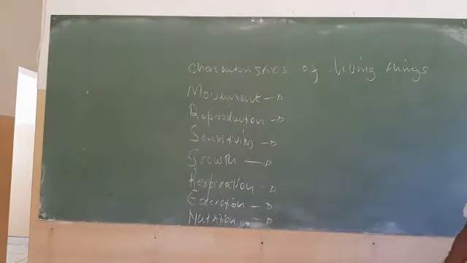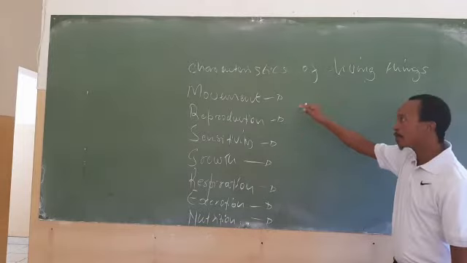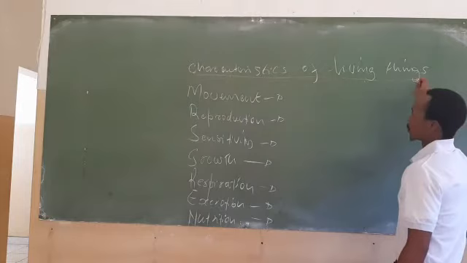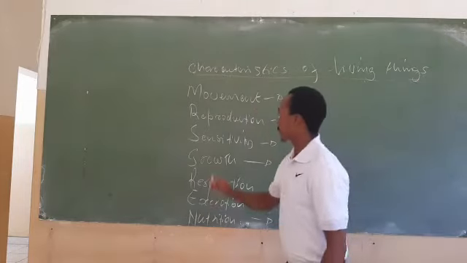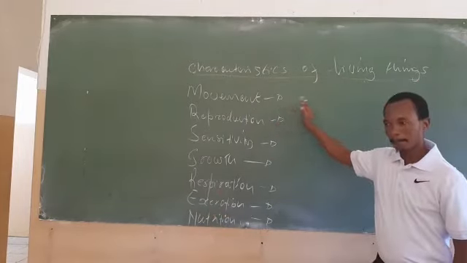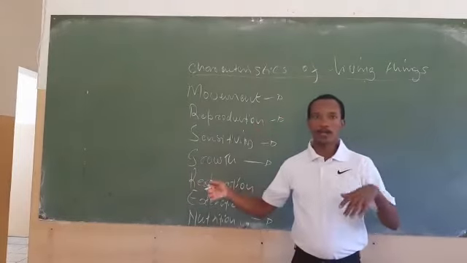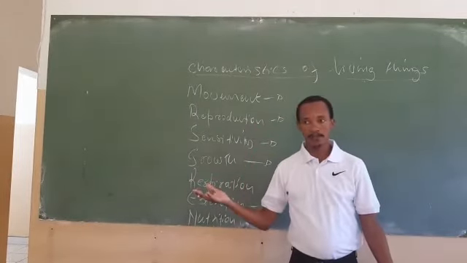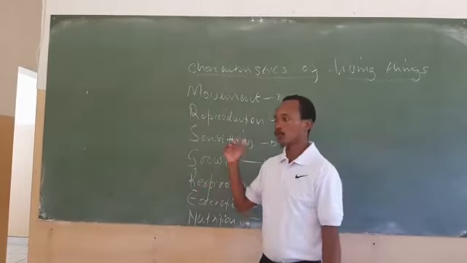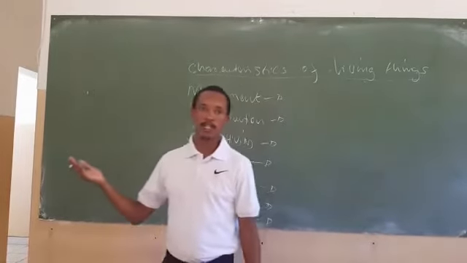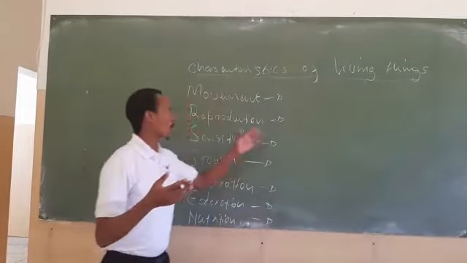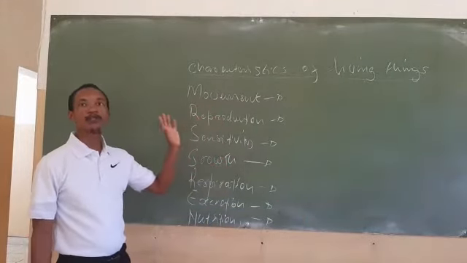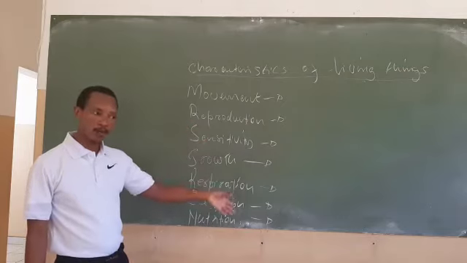That was a very brief explanation. Let us try to get a bit deeper, even though we are not going to go very deep into each one of them. Movement. Living things, we may have plants and animals, but in the coming videos we are going to classify living things according to kingdoms, phylum, and going downward.